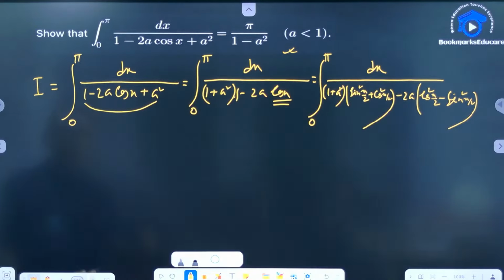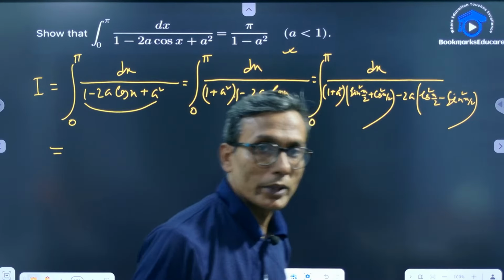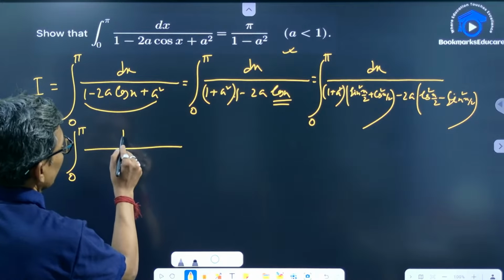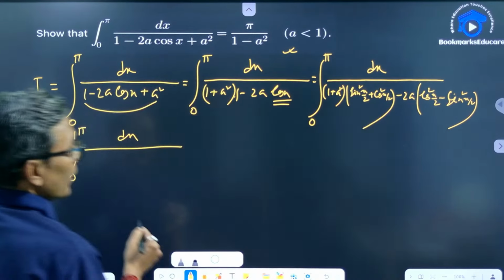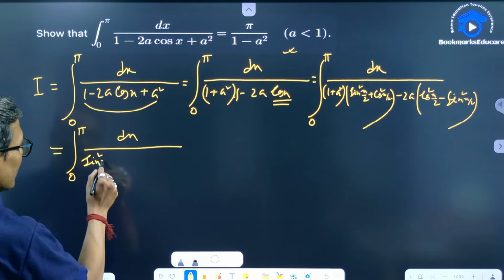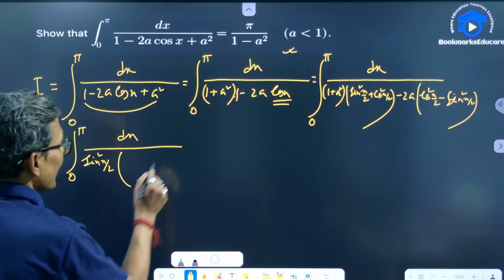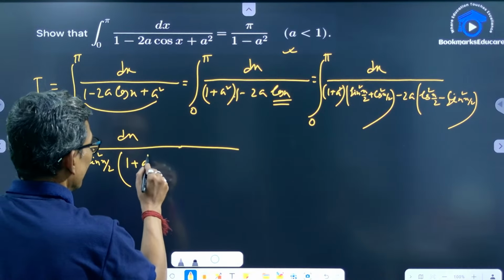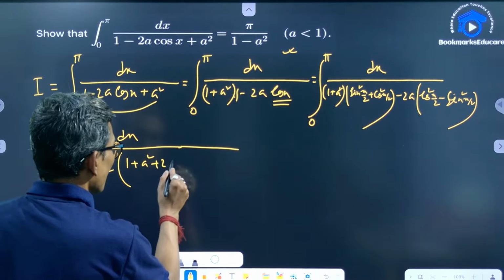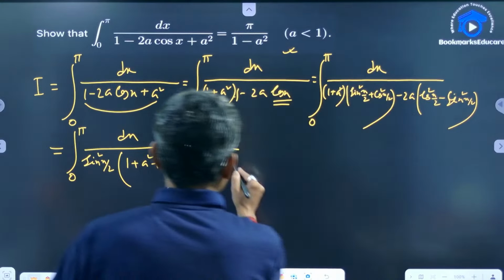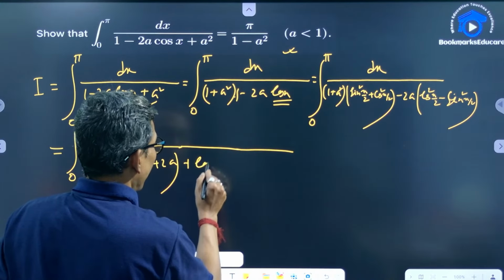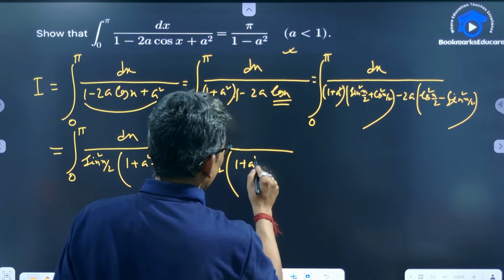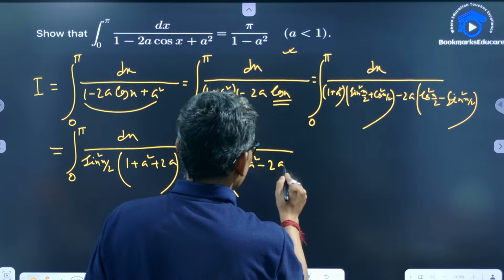Okay, so now simplifying this portion, what we will get, from 0 to pi, dx. We take sin square x by 2 common, so what remains is 1 plus a square plus 2a, and then we take cos square x by 2 common, so what will remain is 1 plus a square minus 2a.